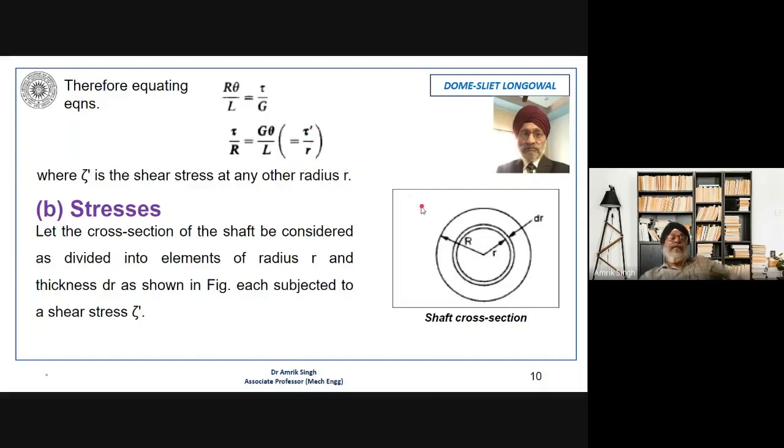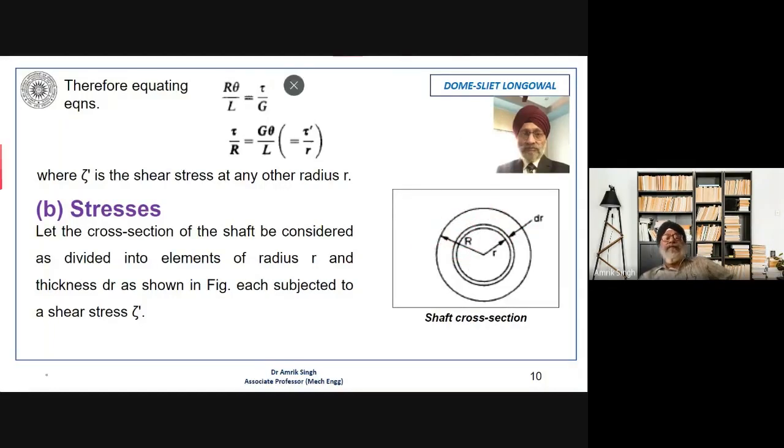Now what are the shear stresses that we will try to find out? Let us take the cross section of the shaft at any distance r, and take a ring of thickness dr, where R is the radius of the shaft.